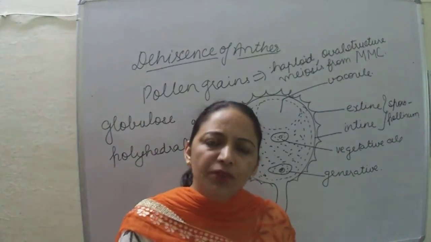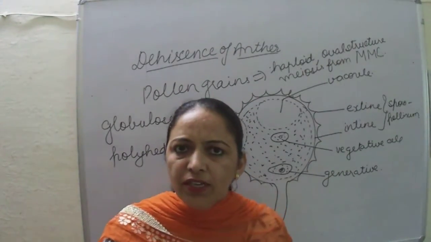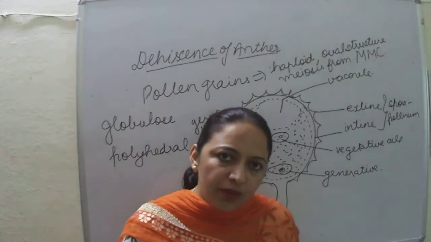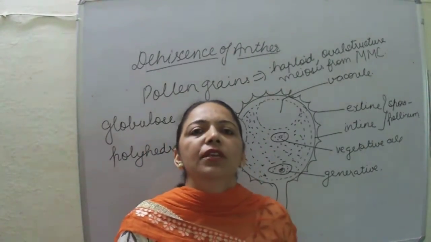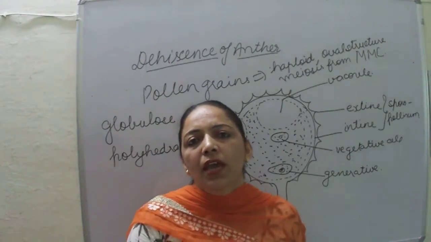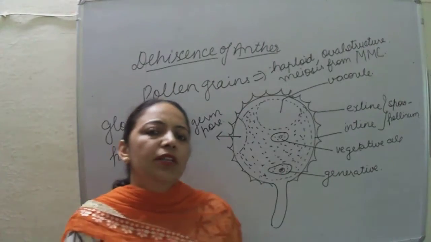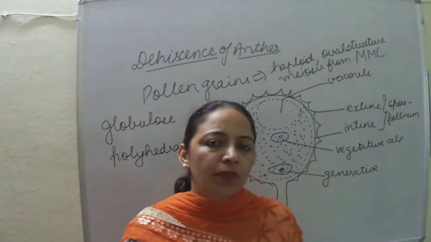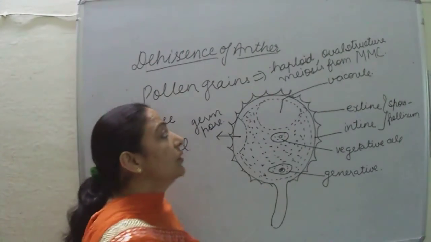It came to India with imported wheat. The seeds of Parthenium came with imported wheat, and from then it started growing in India as an unwanted plant. Now, what is the fate of the pollen grain?